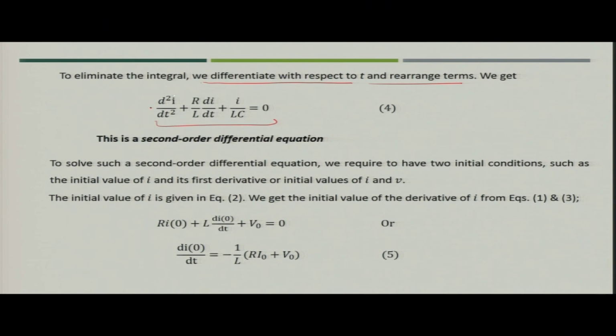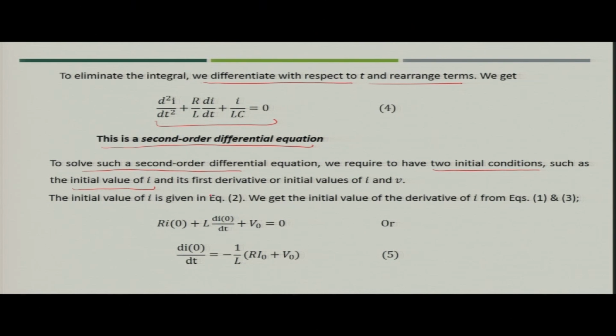Now, if you see the equation has a second order derivative, so that is why it is called a second order differential equation. Now, if you are asked to solve such a second order differential equation, you require two initial conditions. Now, we know that the initial value of I is equal to I naught.